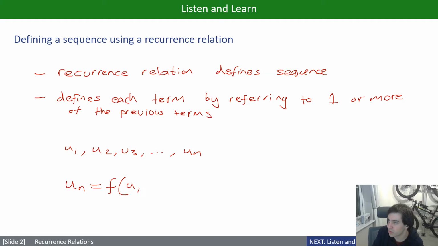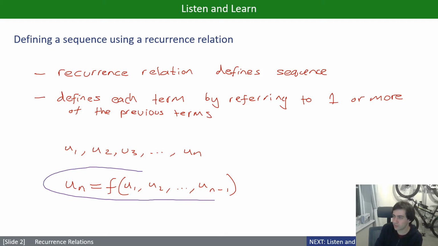So some function of, it doesn't have to involve all of them, but it can if it wants to. So it can be a function of U1 and U2 and all the way up to anything before it. So the first one before it is Un minus 1, right? This thing here, this is a recurrence relation. Okay, that's our recurrence relation.